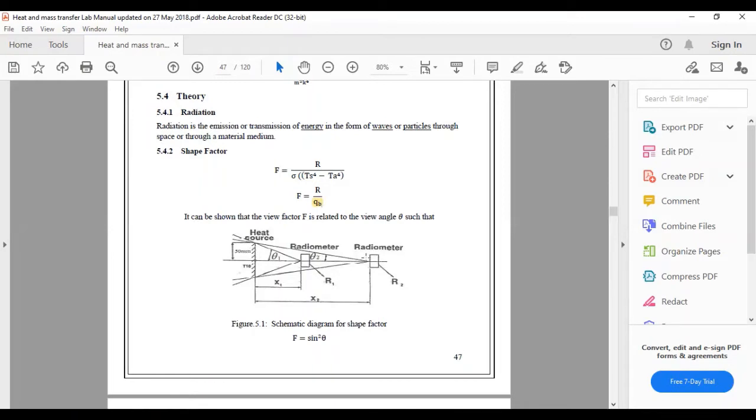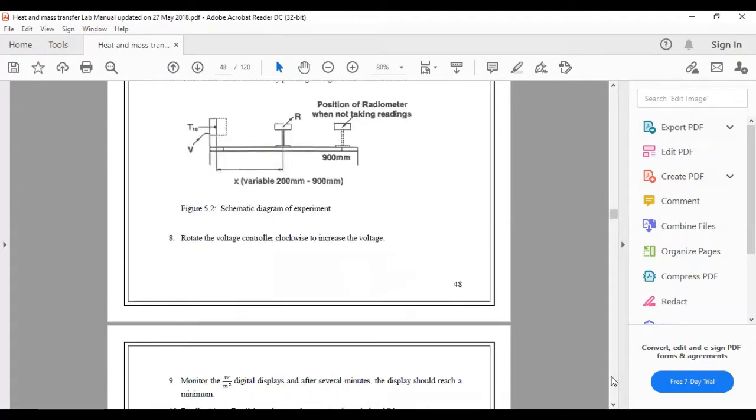When it detects the radiation, we can measure the value of this radiation, which is called the radiometer reading, and we will measure it on our main console. These values are represented by R. The ratio of R and QB is called the shape factor and denoted by F.